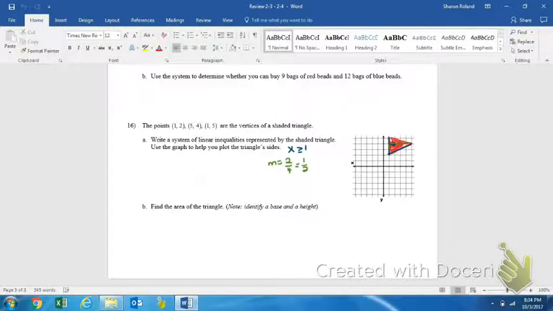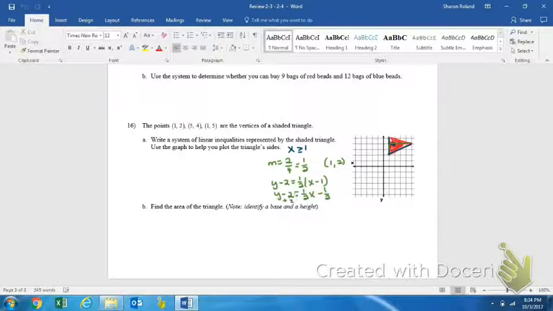One of those points, remember it's y minus y1, and I'm going to use the lowest point on there, which is 1, 2. So it would be y minus 2 equals 1/2 times x minus 1. So y minus 2 is 1/2 x minus 1/2.